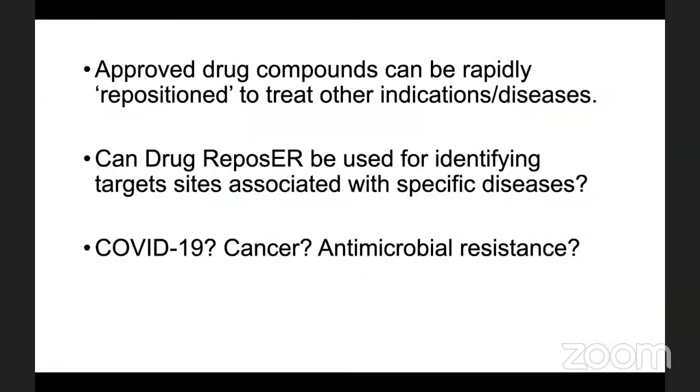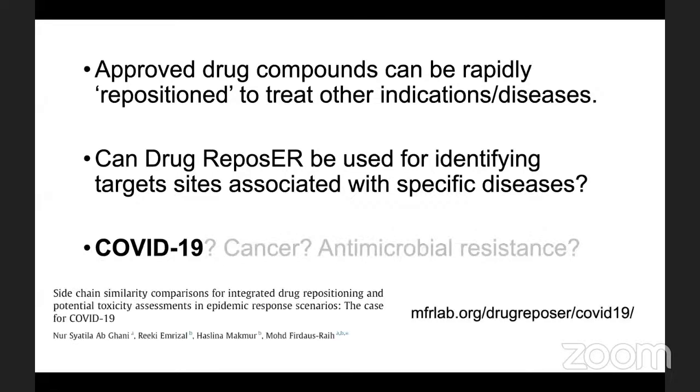Okay. So if we can reposition approved drug compounds to treat other indications and diseases, can we use this in a real world application like cancer, antimicrobial resistance, or what's currently affecting us greatly, COVID-19? So we decided perhaps we can do a case study on COVID-19.